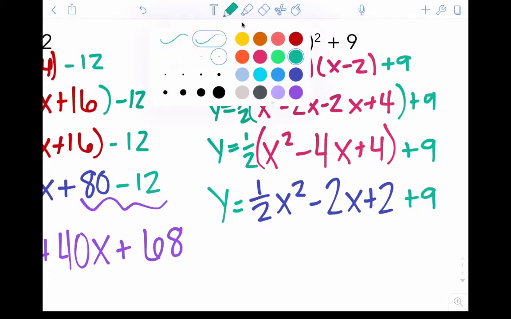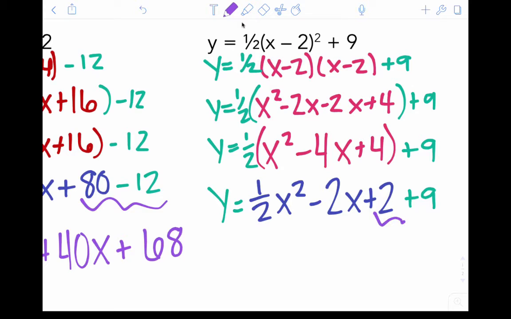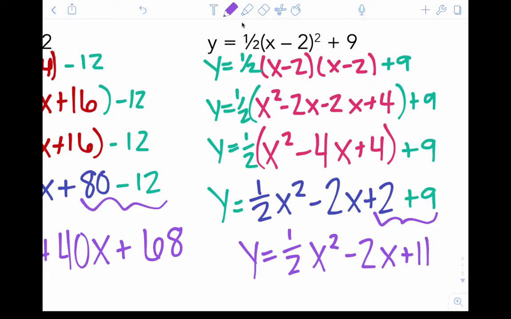And my final answer, once I combine my 2 and my 9, is y equals 1/2 x squared minus 2x plus 11. So that is my equation from vertex to standard form.